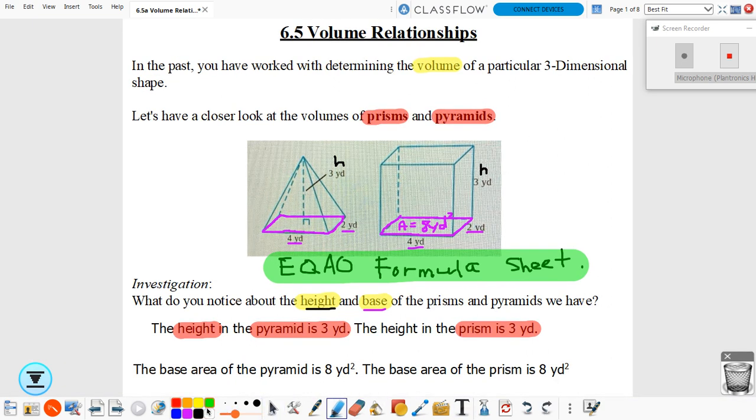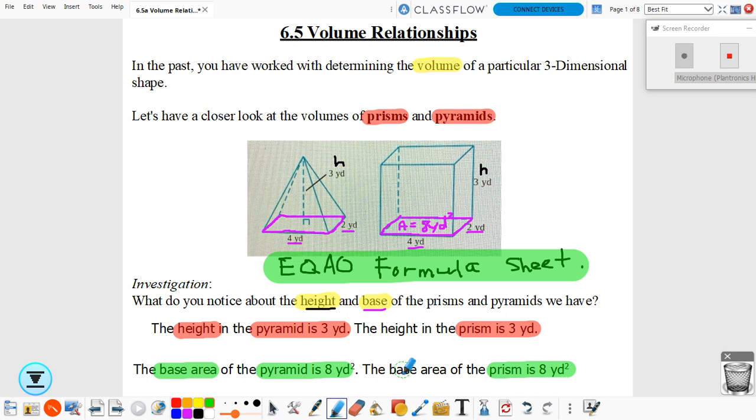So what we notice about these two shapes is that they have the same height of 3 yards, and they also have the same base area. The base area of the pyramid is 8. The base area of the prism is 8 yards squared.